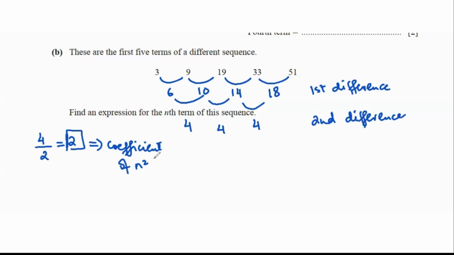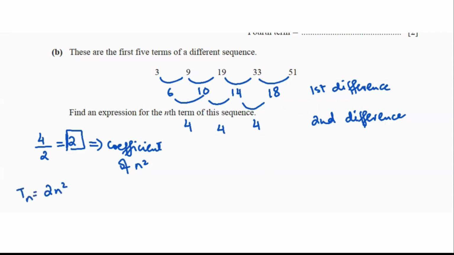So in a quadratic sequence, your n will be squared. And to find the coefficient of n square, we divide the second difference by 2. So since the second difference was 4, 4 divided by 2 is 2. So 2n square is what we have right now.